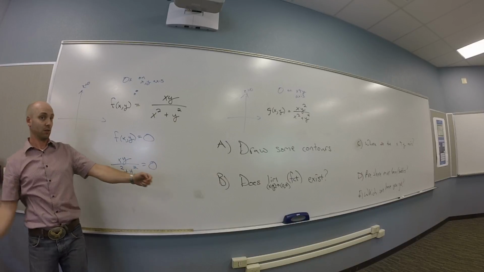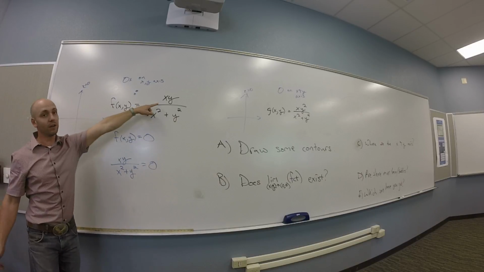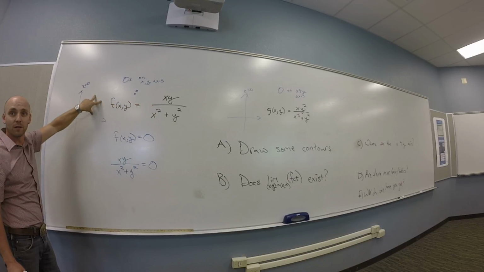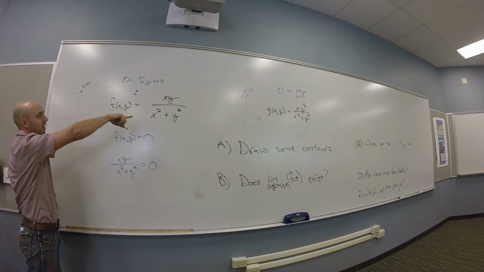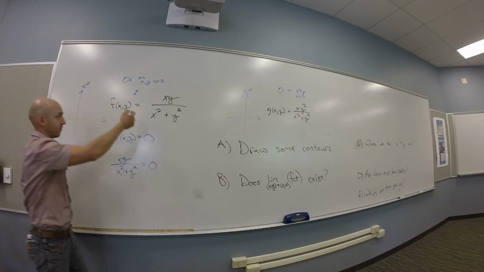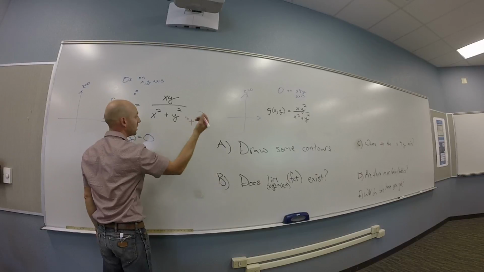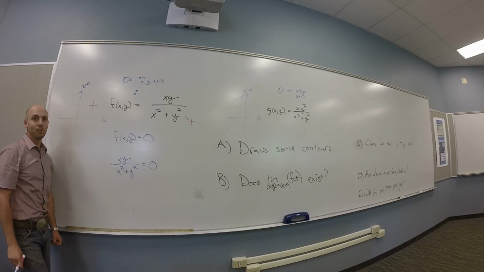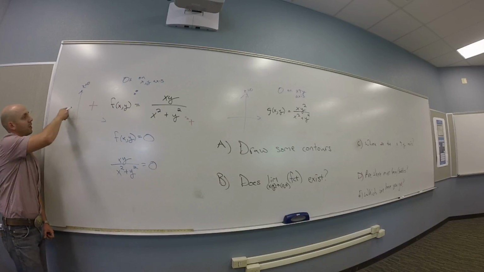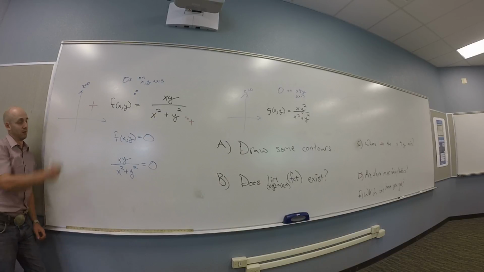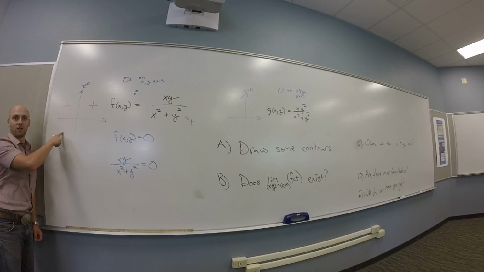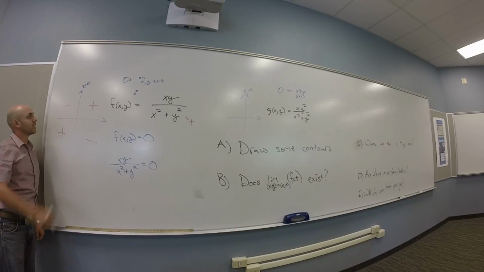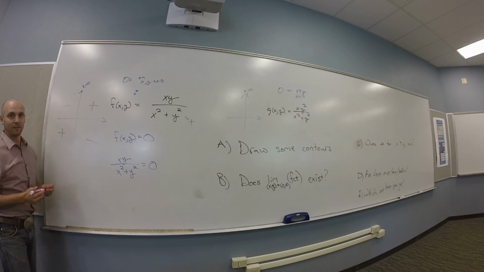So on this guy, if I'm in the first quadrant, what's the sign of x and the sign of y? They're both positive, right? What's the sign of the bottom? The bottom's positive always. So positive on the top, positive on the bottom, gives me positive. How about over here? Negative down here? Positive, negative, right?